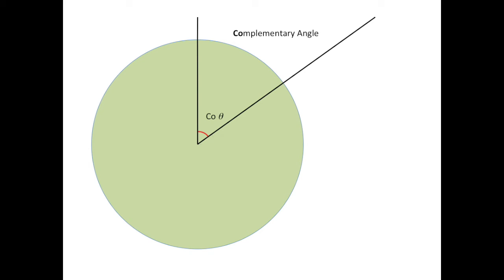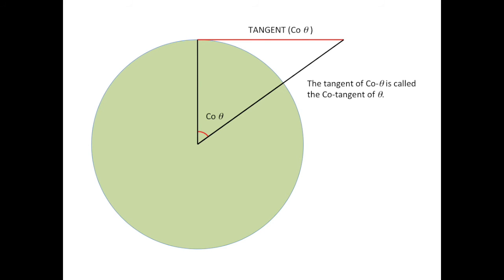Now let's do with cotheta what we did with theta. We have a line tangent to the circle coming from our reference line up to where it meets the line that cuts through the circle at our reference angle cotheta. Let's get rid of a little bit of the clutter. Remember that this is a unit circle. The length of that red line, the line that is tangent to the circle, is the tangent of the co-angle, or the tangent of cotheta.